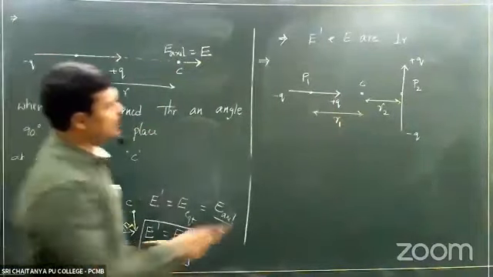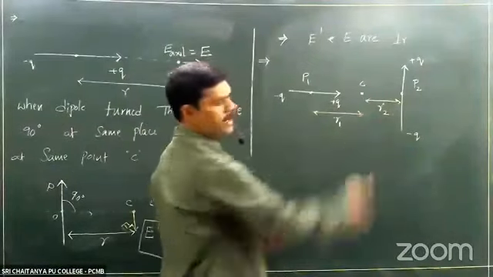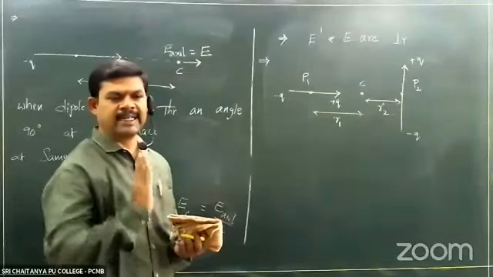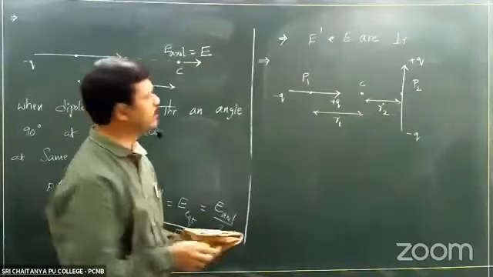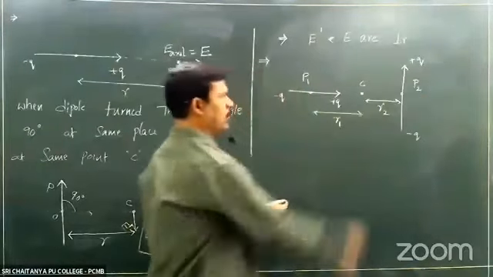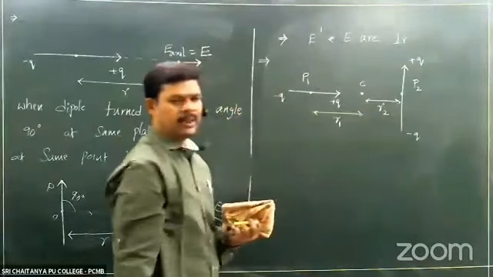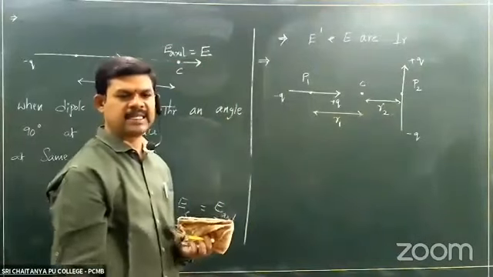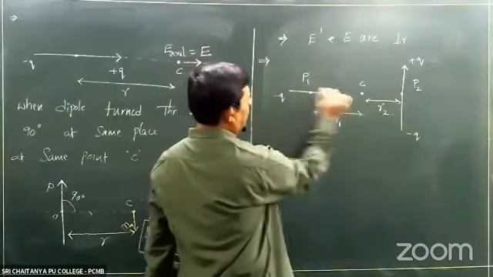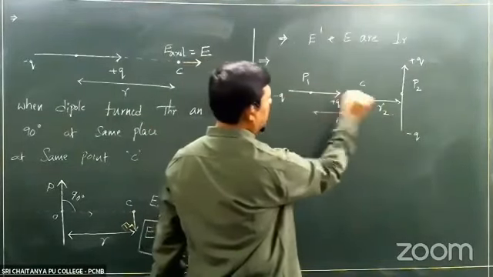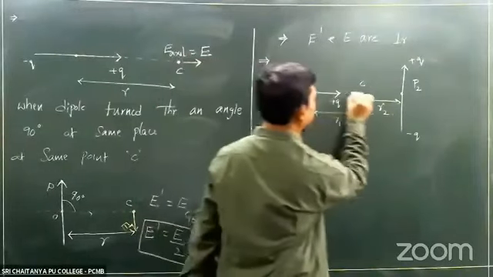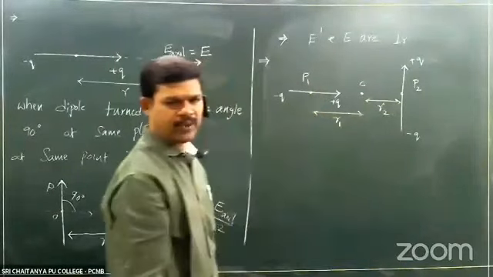Then at the point C, what is the resultant intensity of the electric field? We know that for this dipole, the point comes on the axial line.